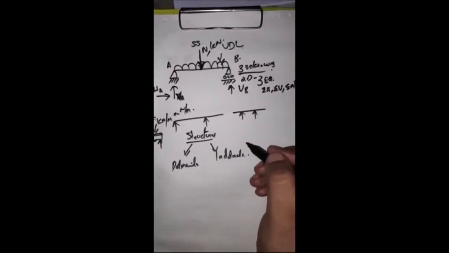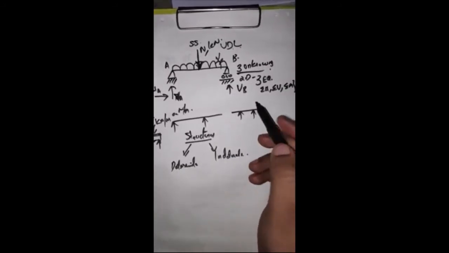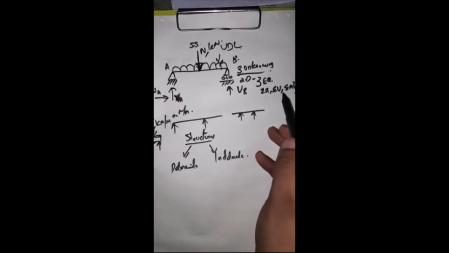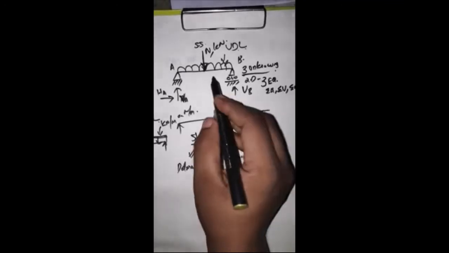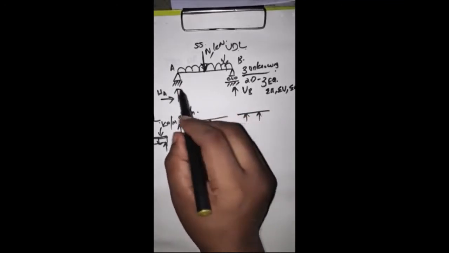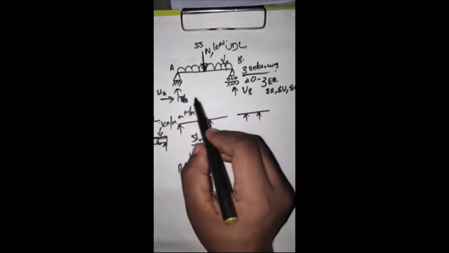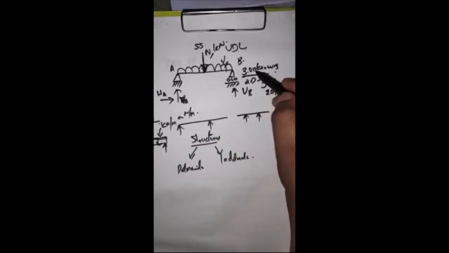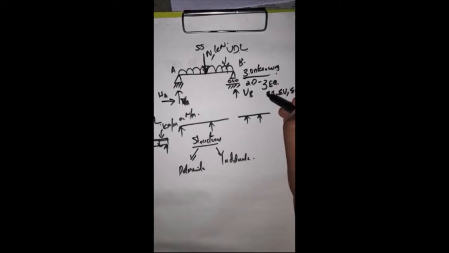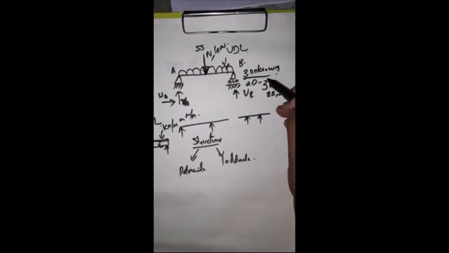So in a simply supported beam, I have to find 3 unknowns and I have 3 equilibrium equations. Therefore I will be able to find all the unknowns.